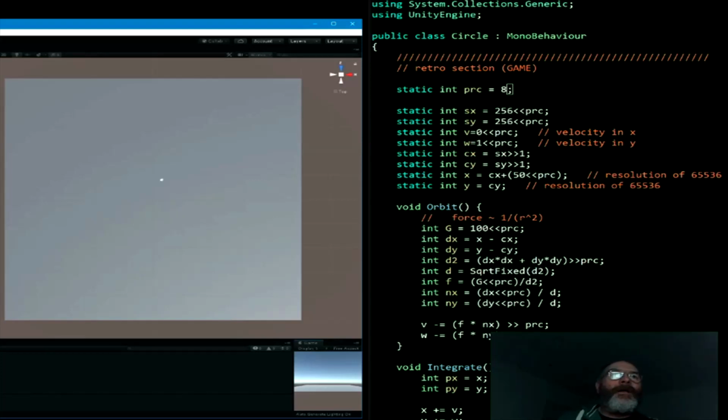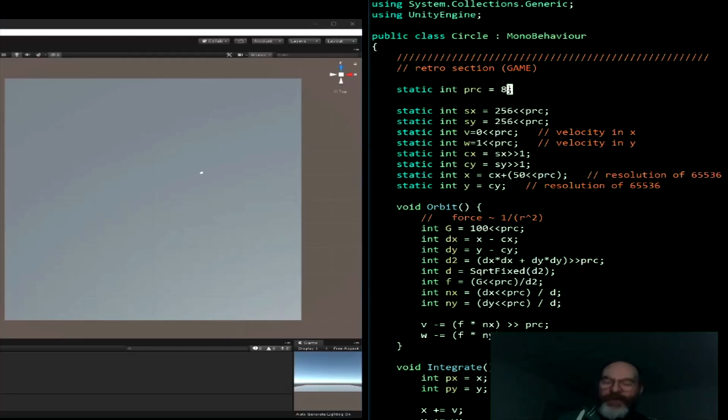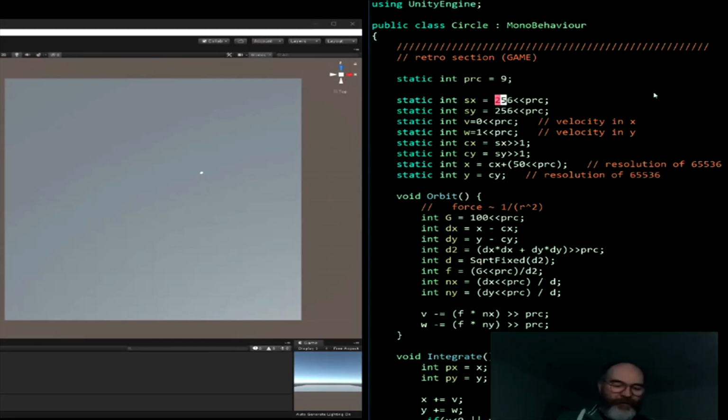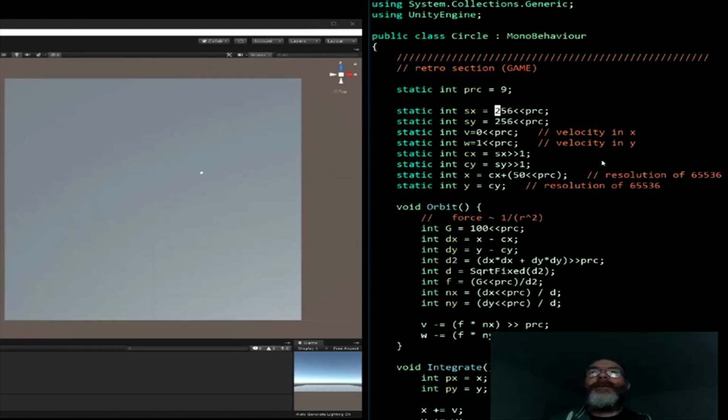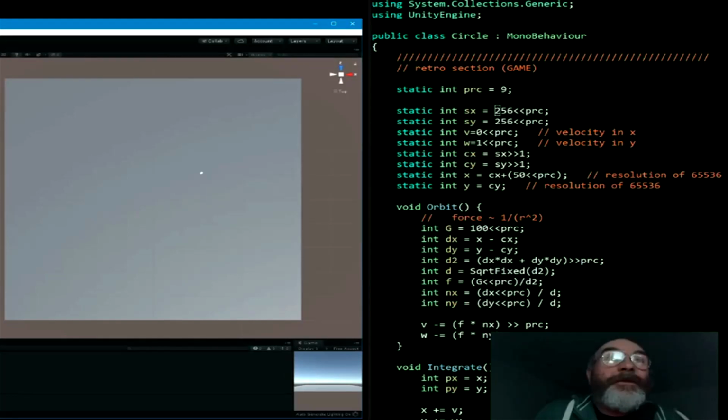Right, so this is 8 bits after the decimal point. Okay, so try and make a small change. Let's go 9 after the decimal point. Did I have 200? Oh. Yeah, the 256 here. That's the screen size.